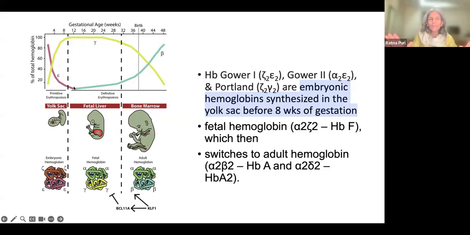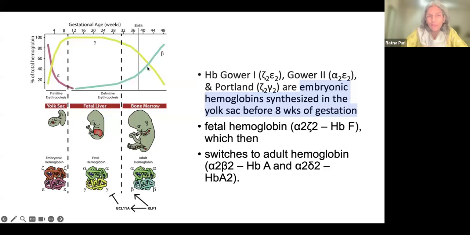So by the end of the first trimester, there is no embryonic hemoglobin. And as the embryonic hemoglobin comes down, the hemoglobin F increases because alpha is being produced by the alpha gene. And when alpha and gamma come together, they form the fetal hemoglobin. This should be gamma. I'm sorry for this error.